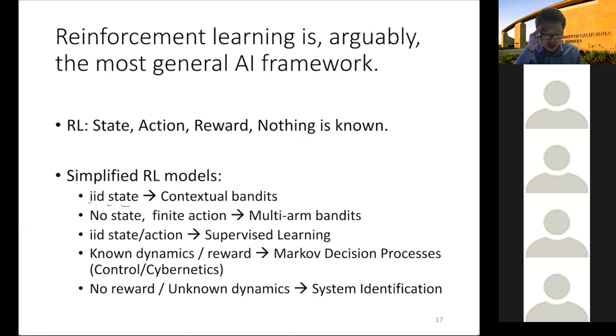Suppose they are IID sampled, and all you have to worry about is figuring out the right action to take, in this case in these contextual bandits. And when there are no states at all, and you only have, say, 3 actions to choose from, then that becomes a simpler multi-armed bandit, which typically corresponds to the simpler clinical trial setting.